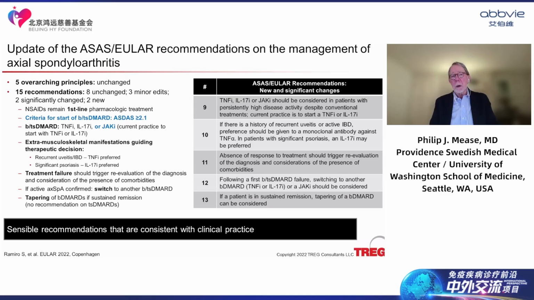The EULAR group, along with the ASAS organization, has published more recently an updated guideline, which is very similar to the ACR guidelines. And that is treating very quickly if the nonsteroidals are not adequate with a TNF inhibitor or an IL-17 inhibitor or a JAK inhibitor.